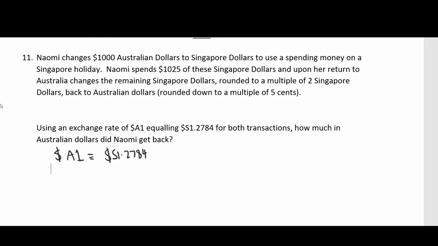Okay, so 1,000 Australian is going to be equivalent to, so we've multiplied this by 1,000. 1 times 1,000 gives 1,000, so we do the same here. We're going to multiply that by 1,000. So that's going to give us 1,278.4. So how much Singaporean does she have initially? $1,278.40 Singaporean. Okay.